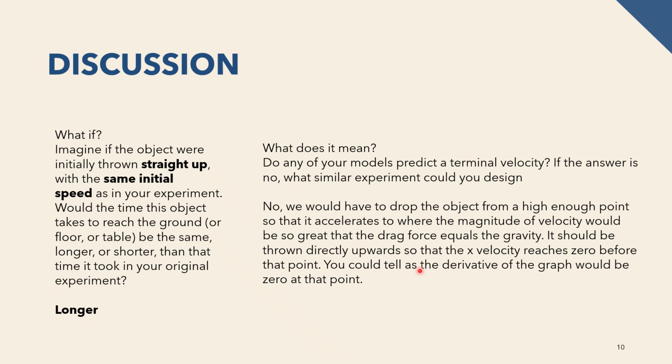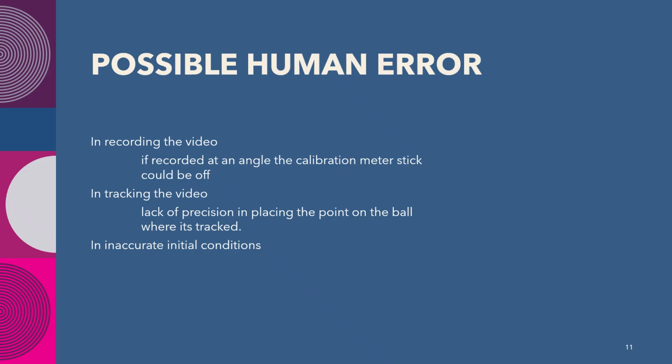That would be an immense velocity, and it would also have to be thrown directly upwards so that the x velocity reaches 0 before that point. You could throw it straight, but there is a possibility of it reaching terminal, where the drag force equals the gravity, but then you still have that drag force coming from the x. Because once the drag force passes the gravity in the y, you can't go back to that.